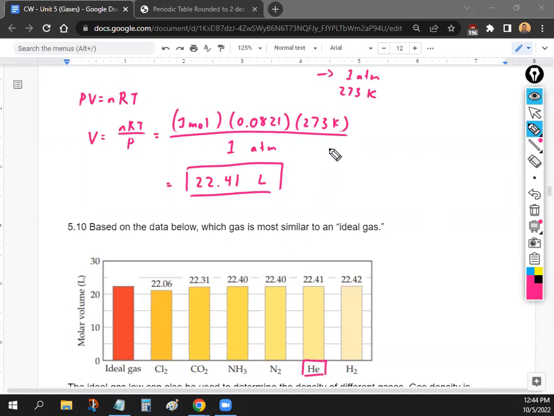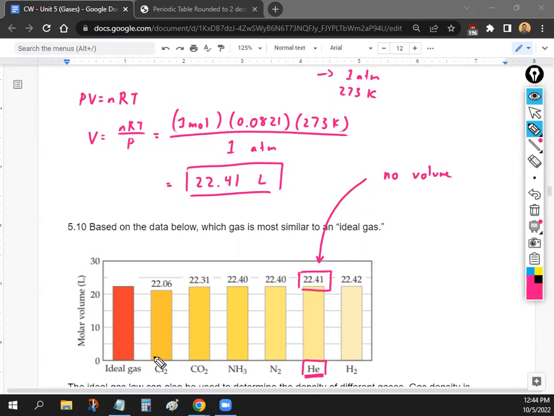Now, another thing that we can think about other than this value right here, because depending on how you round, you might get a different value, right? Or something that's a little bit different. But if you guys remember an ideal gas, there are a couple properties of ideal gases that we need to think about. One of the assumptions is that the gas takes up no volume, right? Okay, so if you look at all of these compounds, the smallest one is helium because helium has a mass number of 4, right?